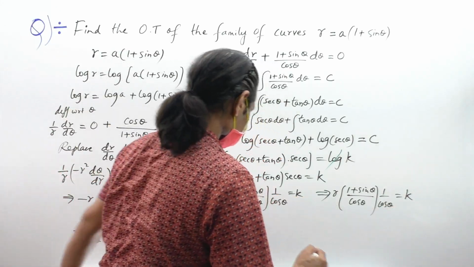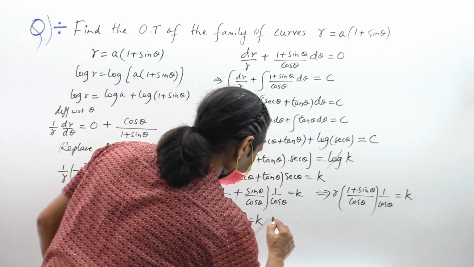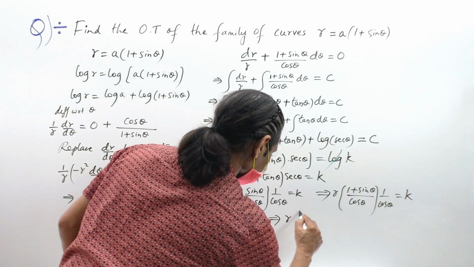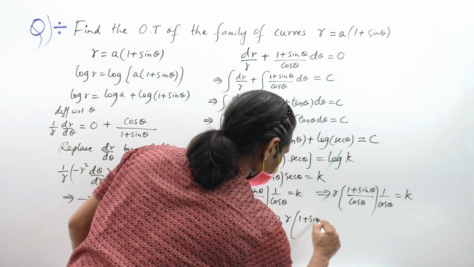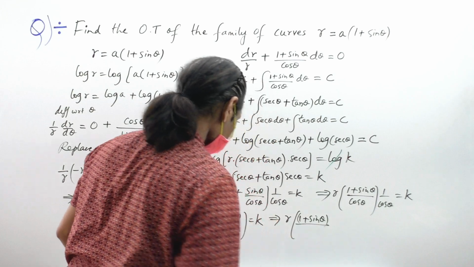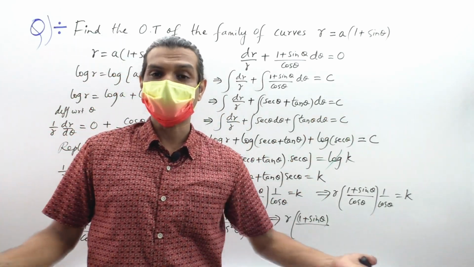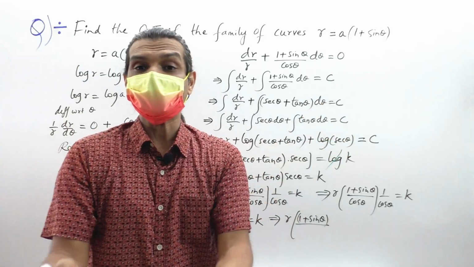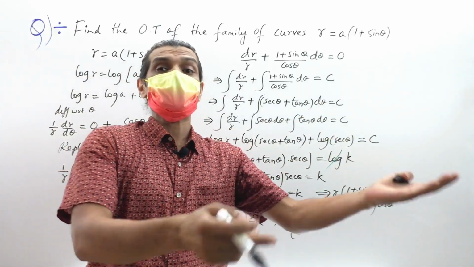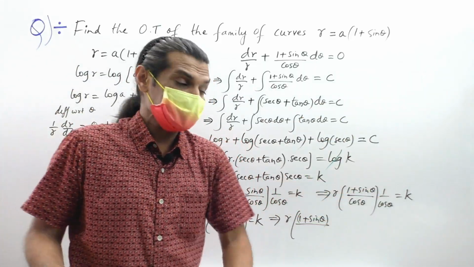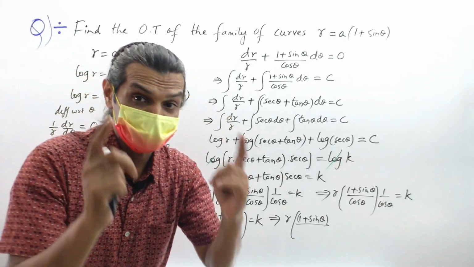Because cos into cos is cos square. Now I can rewrite this as r into 1 plus sin theta whole divided by cos square theta. What is cos square theta? Cos square is 1 minus sin square theta.